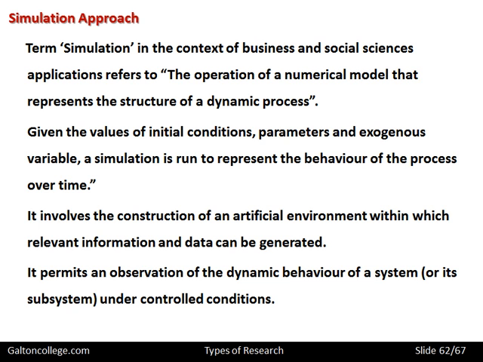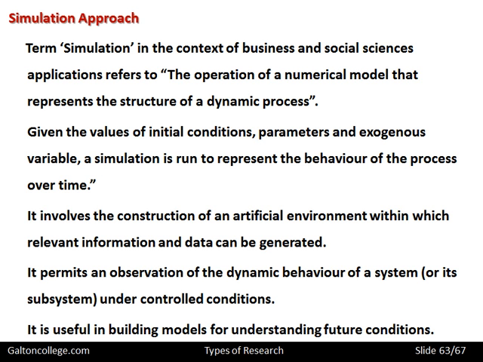So the company has got control over where it sells the product, and it might pick just one small area to try to see what happens if the price is varied. How much more will be sold in that area. So it knows what the sales in the area was historically, then it cuts the price and makes an observation of how much is sold after the reduction in price, and if it's significant, they have worked out that the sales of the product are price sensitive. So it's a very useful approach to building models for understanding future conditions.